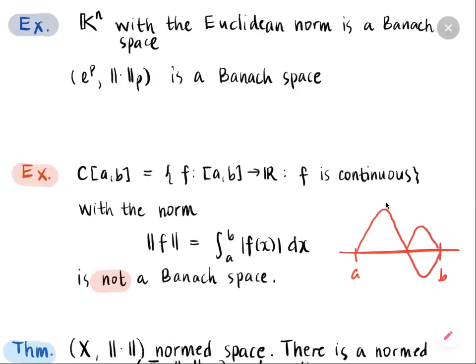Then you project that one, and you take the area under the curve. Or I should say, you take the reflection with respect to the x-axis. So that would be the interpretation of this norm here.